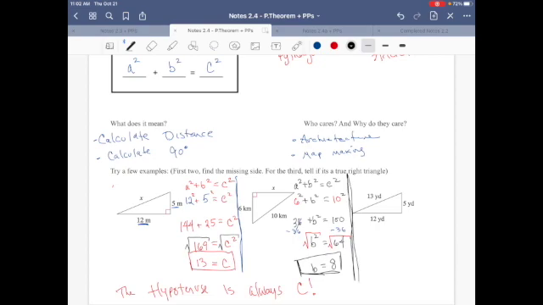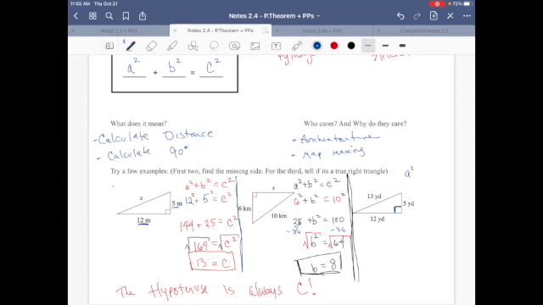Looking at our last problem, they want us to decide, is this a right triangle? Because right triangles will adhere to the Pythagorean theorem. So if this adheres to the Pythagorean theorem, then it'll work. I'll show you what I mean by that.